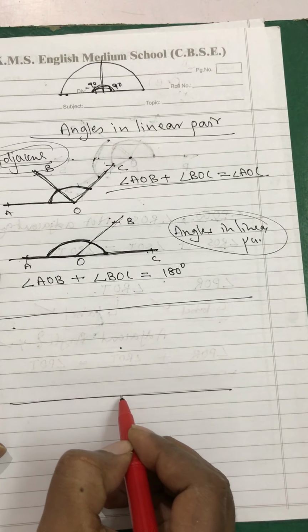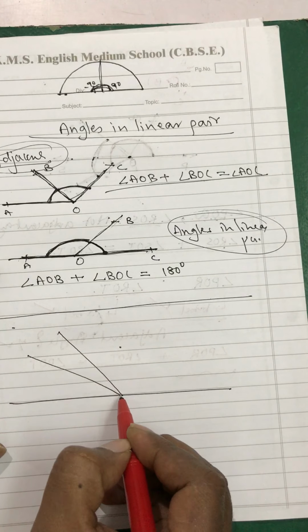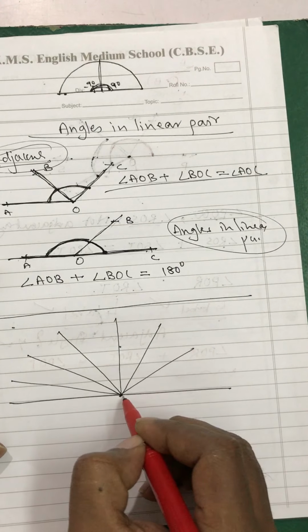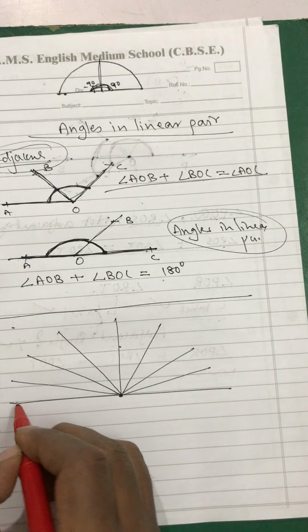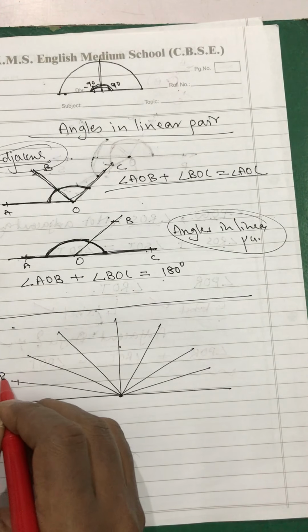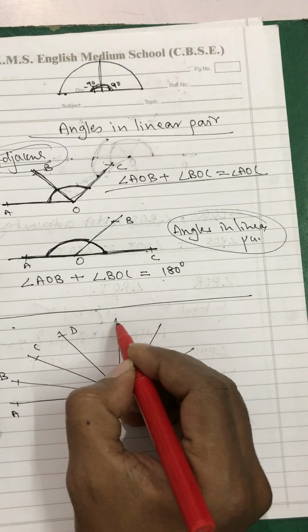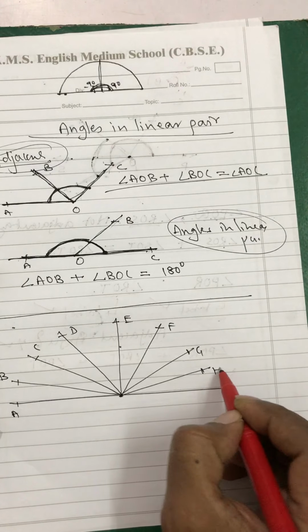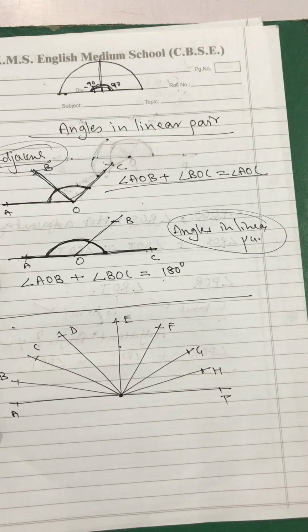So supposing I have got rays like this, labeled A, B, C, D, E, F, G, H, I.